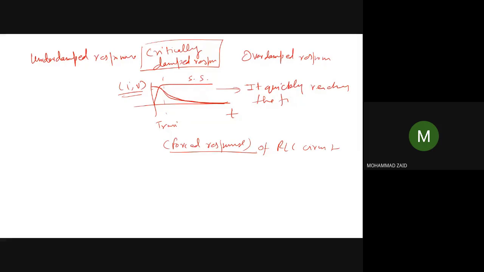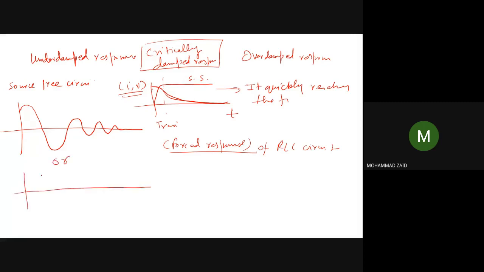For example, if you have an underdamped response for a source-free circuit, then the response will be something like this. This response can be like this, or if the damping is properly controlled, it may be like this also.